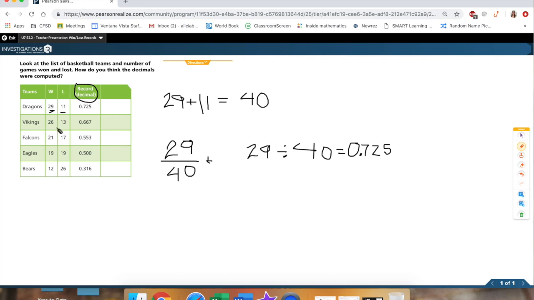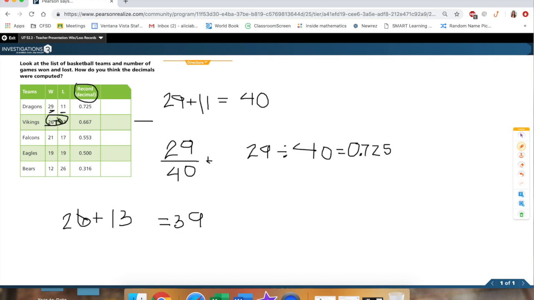And that's what you're going to do for all these problems, right? You have to think about how many total games they played. We have to add the wins and the losses, and then you put the wins over that total. So let's see, 26 plus 13 gives me 39, right?